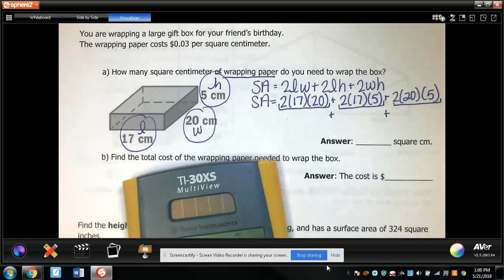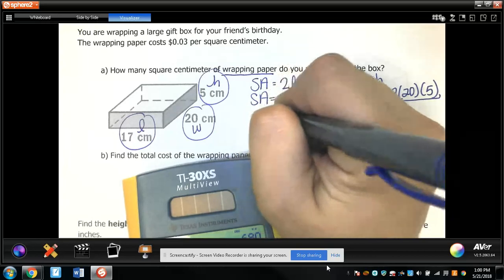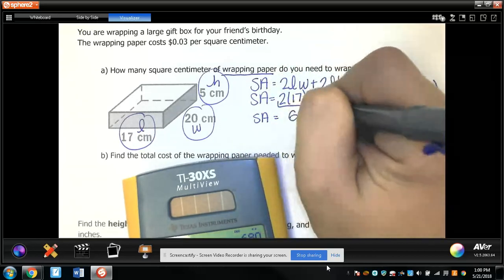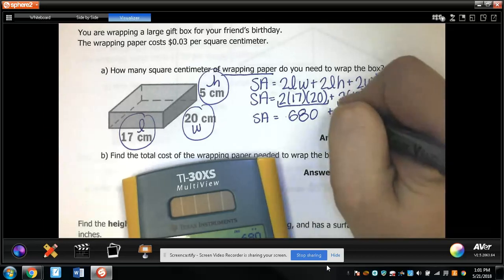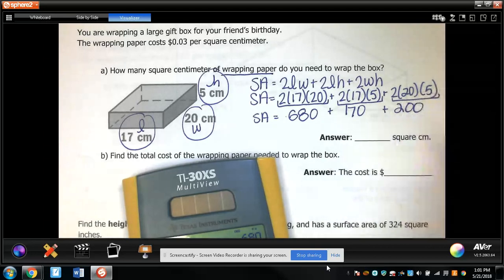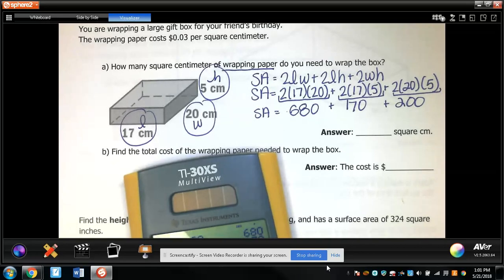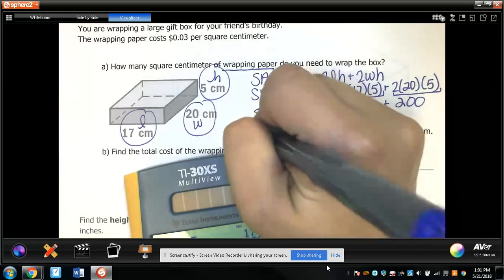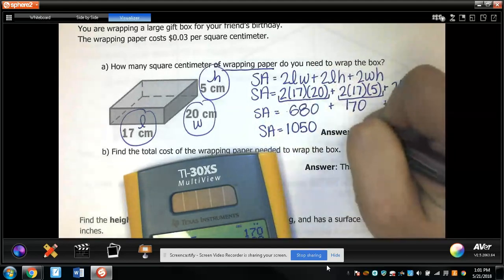So let's see. 2 times 17 times 20 is 680. 2 times 17 times 5 is 170. 2 times 20 times 5 is 200. Now I'm going to add those together. So 680 plus 170 plus 200 is 1,050 square centimeters.